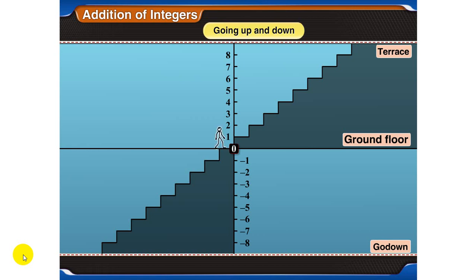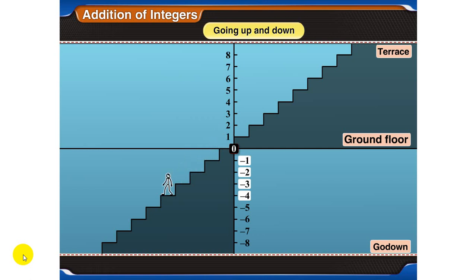Do the following and write down the answer as integer. A. Go 6 steps up from the ground floor. It represents +6.